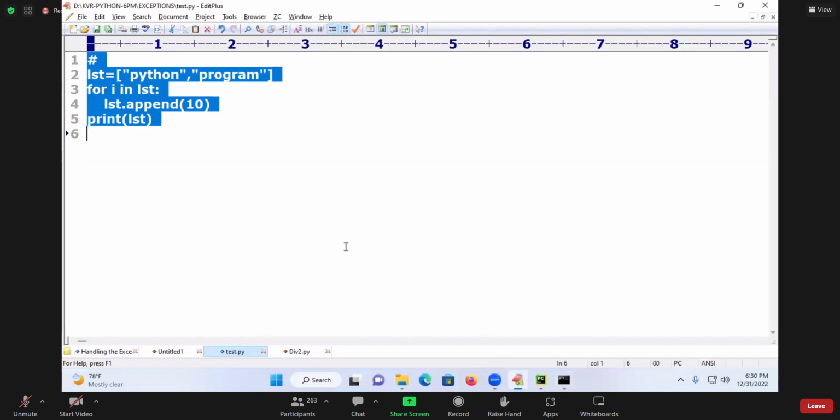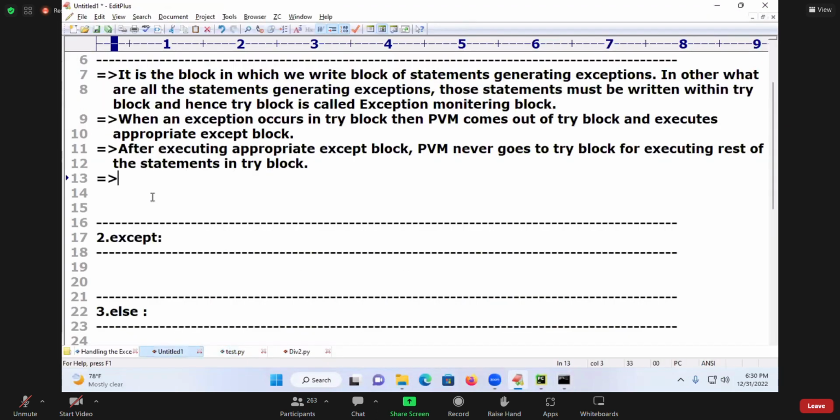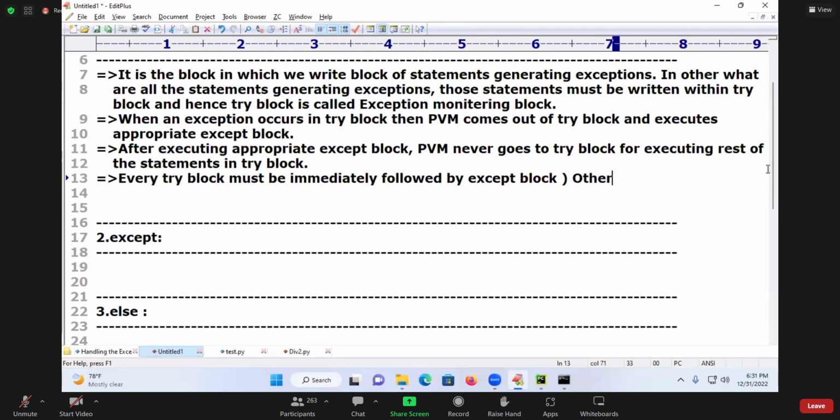My dear students, now I am going to write an important statement here. Every try block must be immediately followed by an except block.